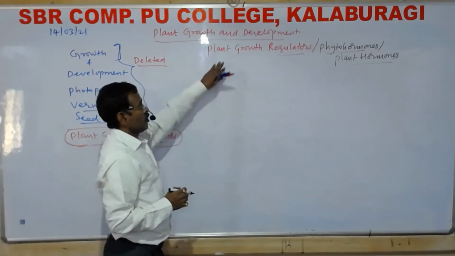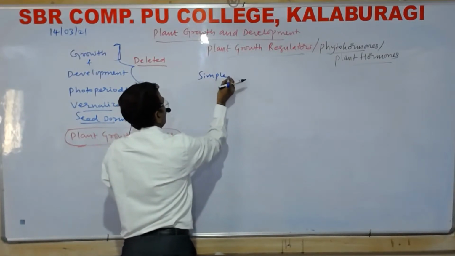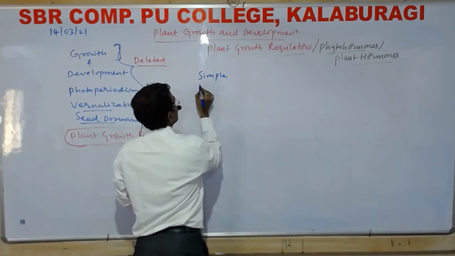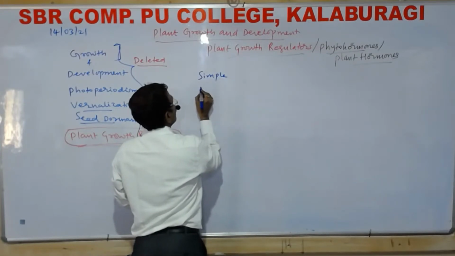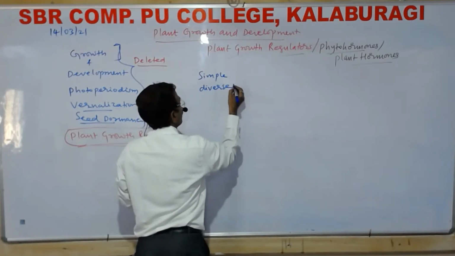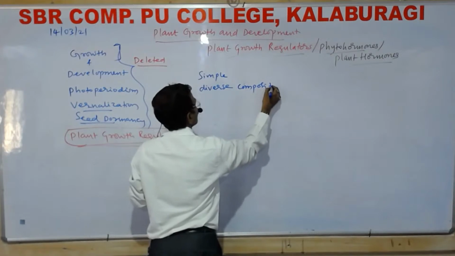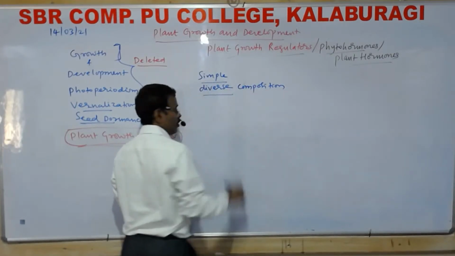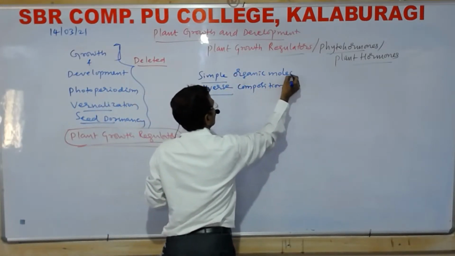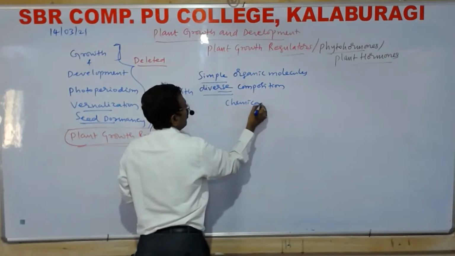Now let's see. These plant growth regulators are simple organic molecules, simple organic substances with diverse chemical composition.